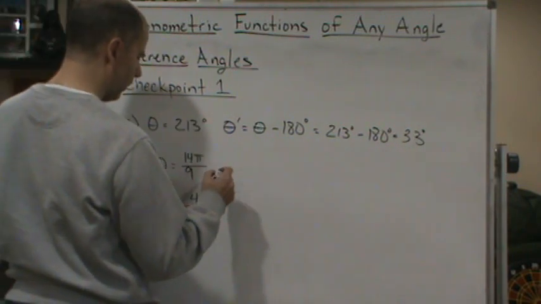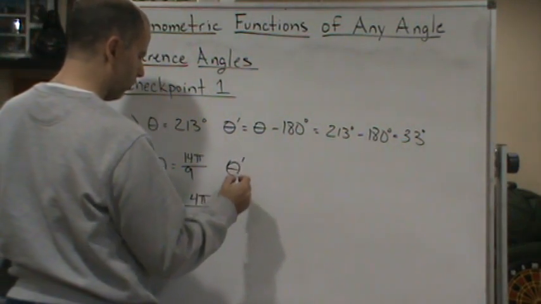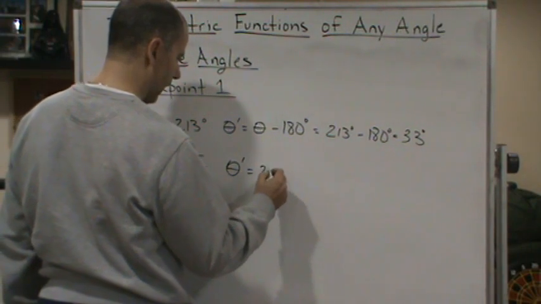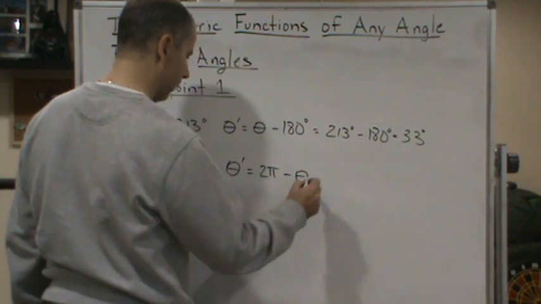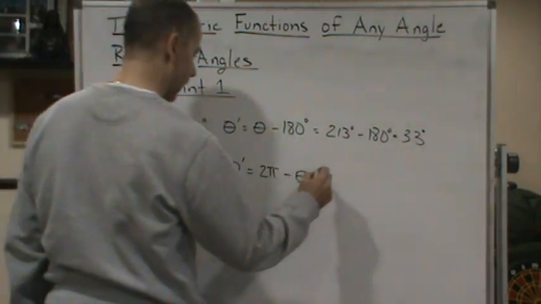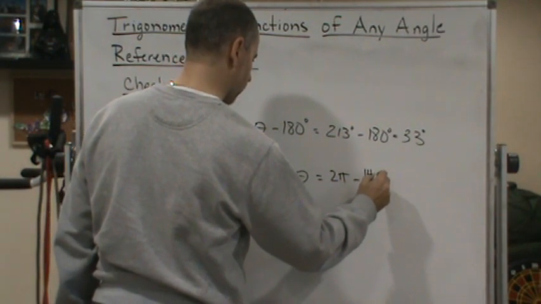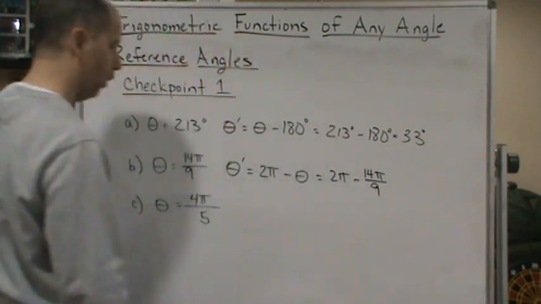Okay, so now what we're going to do is use the formula. Now that we know it's in the fourth quadrant, we're going to use the formula of what? It's going to be equal to 2 pi minus theta, which is going to equal 2 pi minus 14 pi over 9.